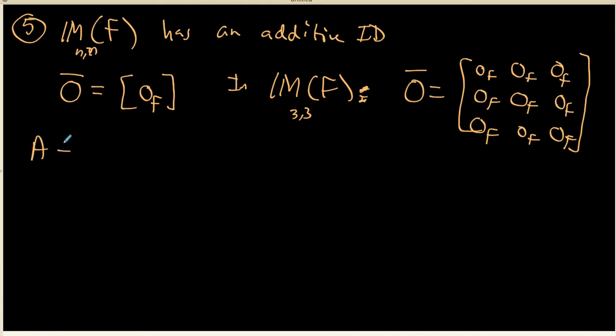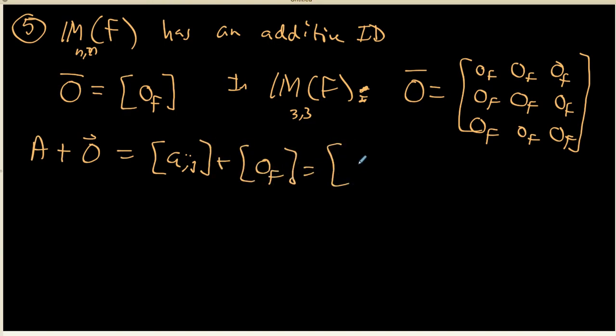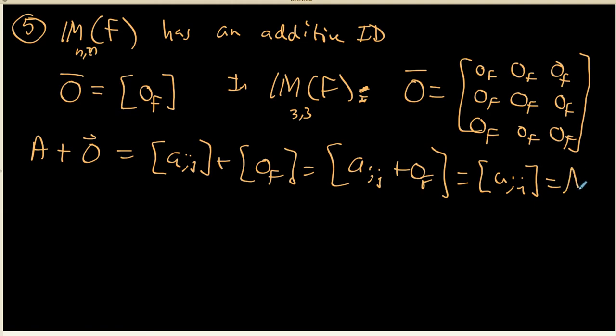This one is an easy one to verify. If we've got A plus the zero matrix, we're looking at a matrix of aij's plus a matrix of zeros from the field, and our standard definition says that. But because the zero is the additive identity in the field, this just becomes the matrix of aij's.